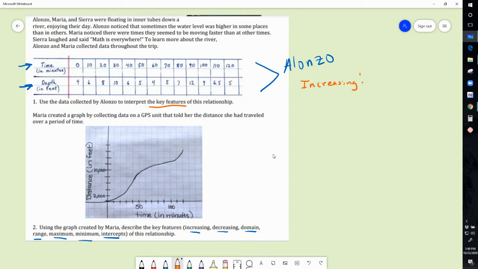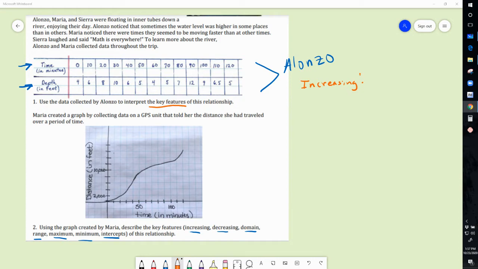What's the minimum value? Where are the X and Y intercepts? What's the domain? What's the range? You're going to answer that for all of these questions. So go ahead, pause the video, please, and see what kind of answers you get, and then I'll give you the answers, but it's way better if you try to figure it out first. So go ahead and pause.